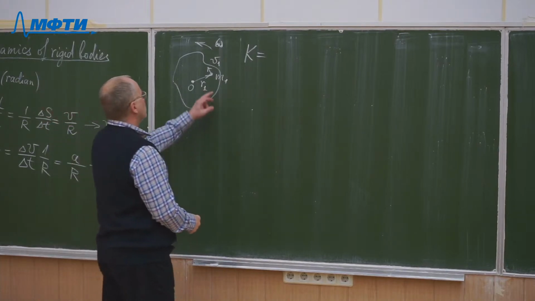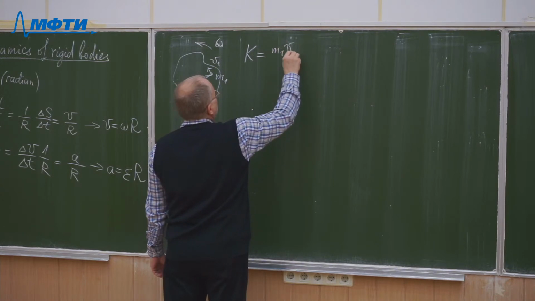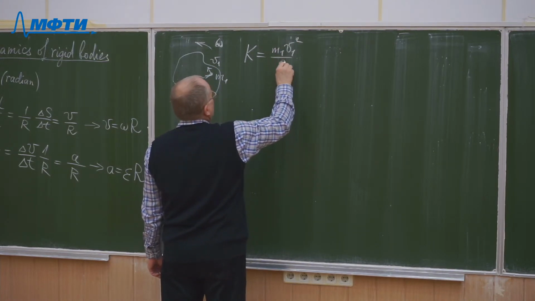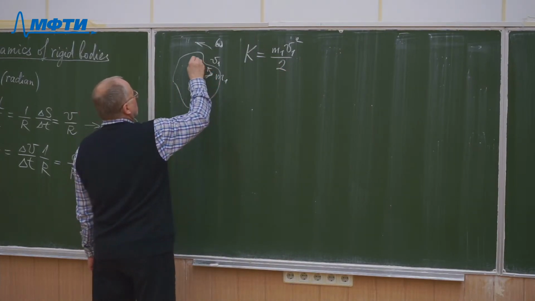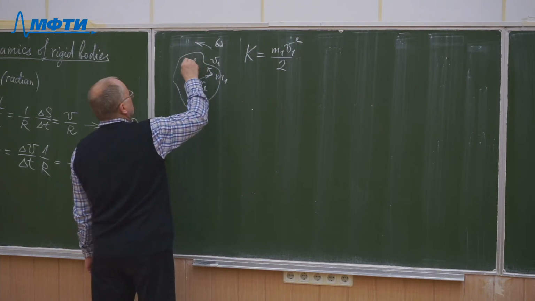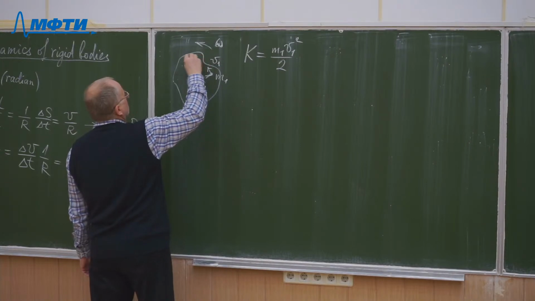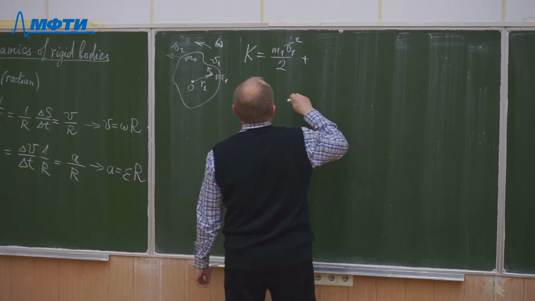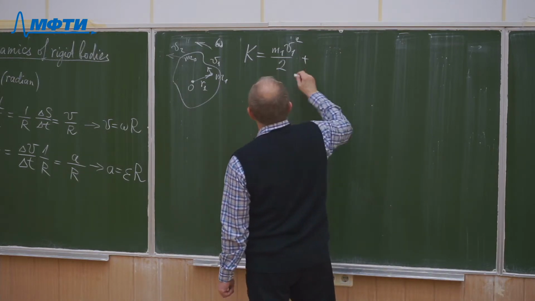So the kinetic energy of this mass will be m1 v1 squared over 2. If we consider another point, m2, it will have its own radius and its own velocity v2, and it also will give its impact to the total kinetic energy.